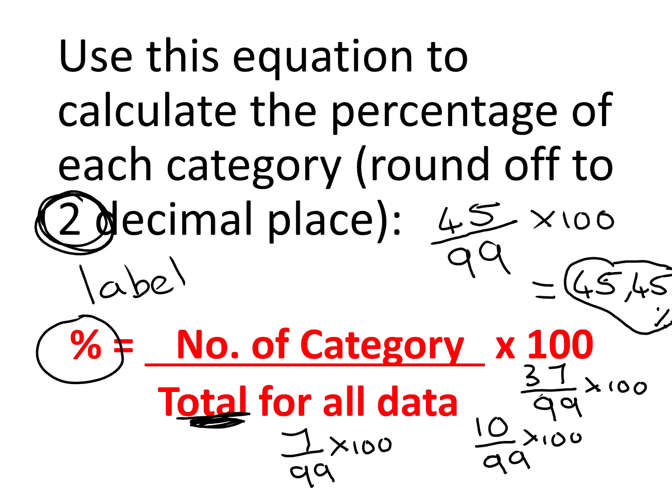We take how many of the thing there were, so petals on a leaf, whatever. So if I took 5 flowers and there were 4 petals on this leaf, divided by the total number of petals, how many ever it was, and then times by 100.